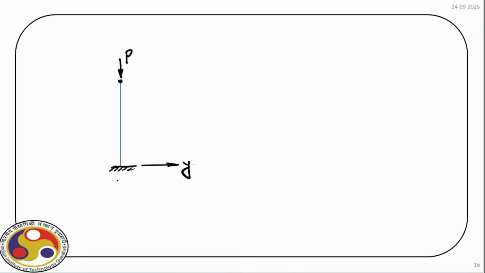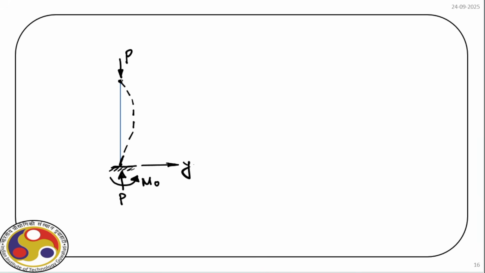Say this is P. Obviously the reaction will also be P at the bottom. And the deflected shape is like this. So the slope at the bottom is 0 because we have full fixity here, and because at the bottom we have fixity, so we have a moment generated here which is m0.